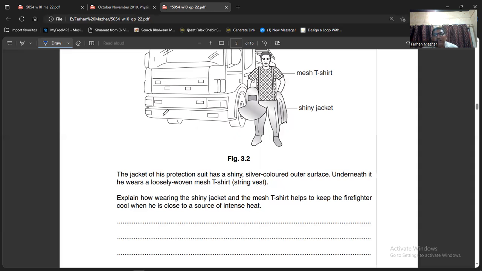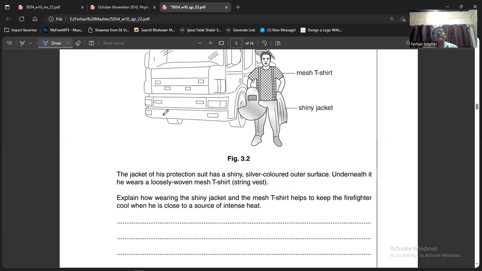So when he is near a source of intense heat, due to this silver shiny color, the outer surface of his jacket, the heat absorbed will reduce a lot. And the mesh t-shirt he's wearing will have trapped air in it. When he wears his shiny jacket over this mesh t-shirt, the air will be trapped in the mesh t-shirt.